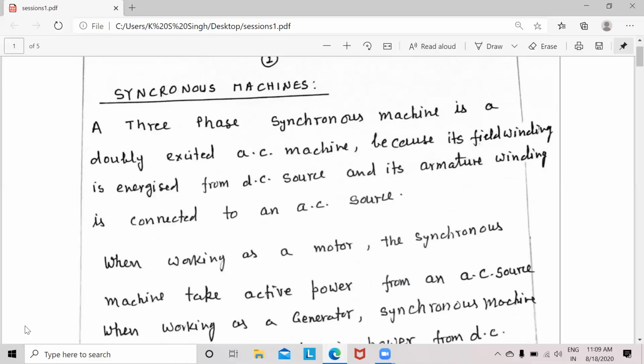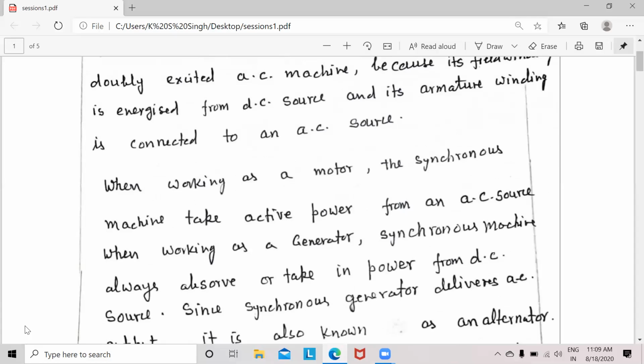A synchronous machine has 2 types of devices, first the motor and second the generator. In a motor, it takes 3-phase supply from an AC source, and the field winding is energized by a DC source.